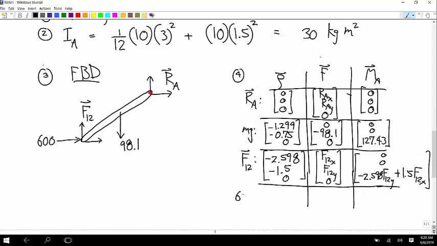And then the last one is the 600 Newton force. That also has the same rho vector, negative 2.598, negative 1.50. Force vector is positive 600, 0, 0. And the cross product is 0, 0, 900.